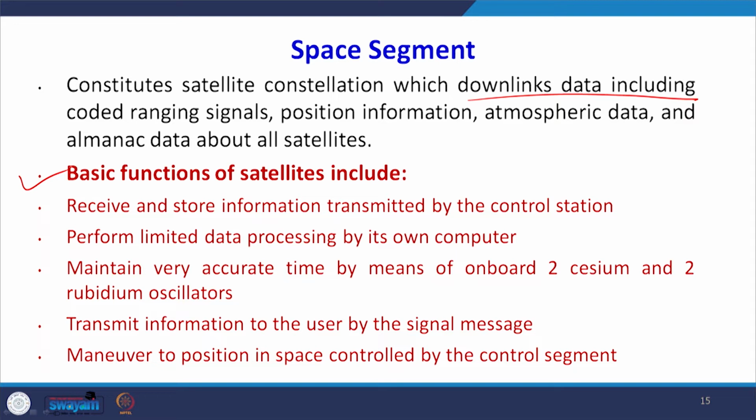Then they will perform limited data processing, because they have a small on-board computer. They will maintain very accurate timing. Each satellite carries 2 cesium and 2 rubidium clocks, very highly accurate clocks. The information is transmitted through signal messages, and they will maneuver to the position in space controlled by the control segment.